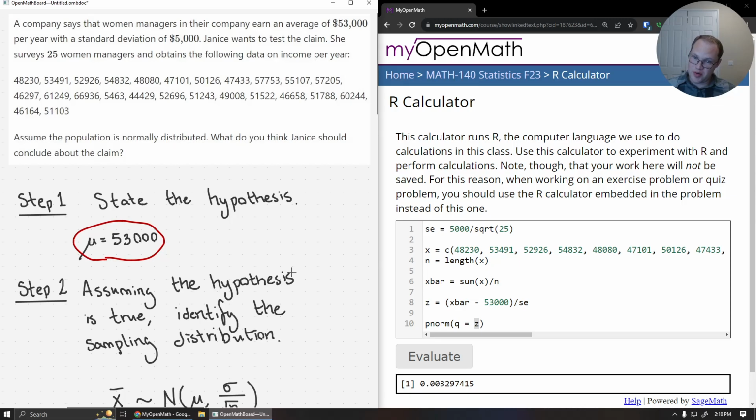We talked to 25 women managers, and their average is so much lower than what you've claimed that we cannot accept that what you're saying is accurate. The chances of us doing this by accident are less than a 1% chance if what you were saying was true. And so instead we think that what you're saying is not true. The average is not $53,000.